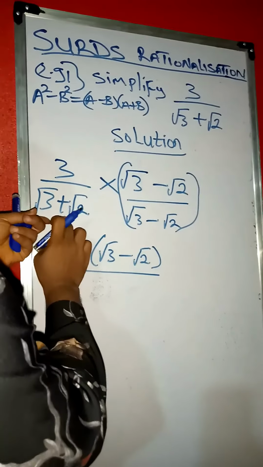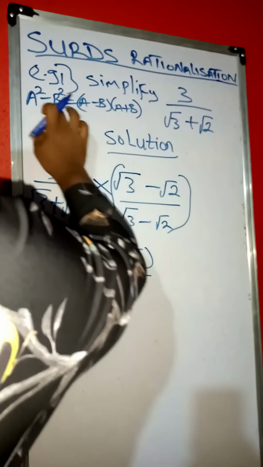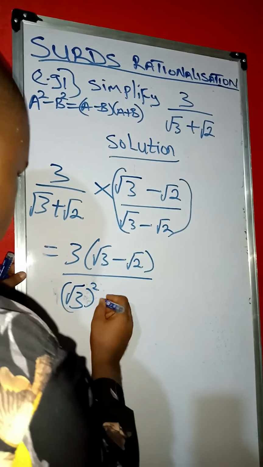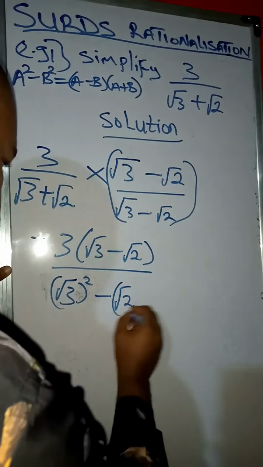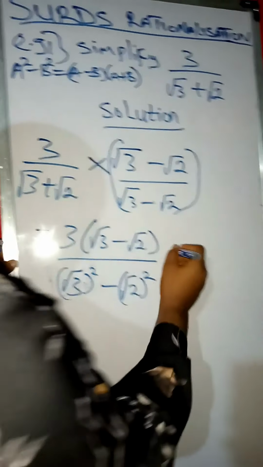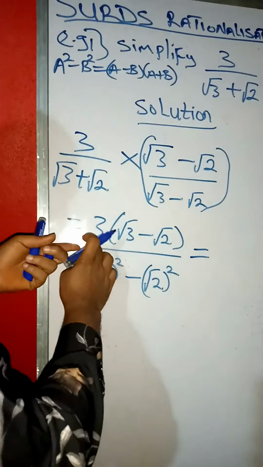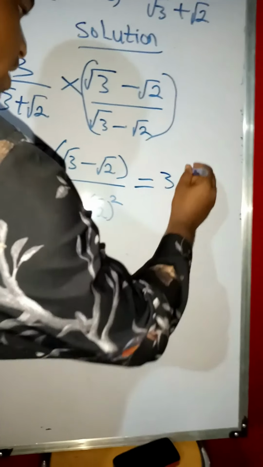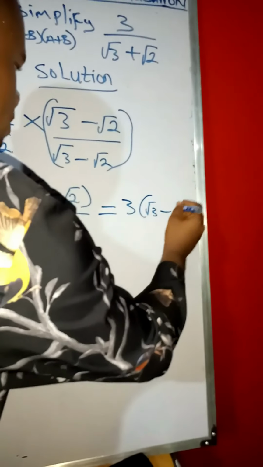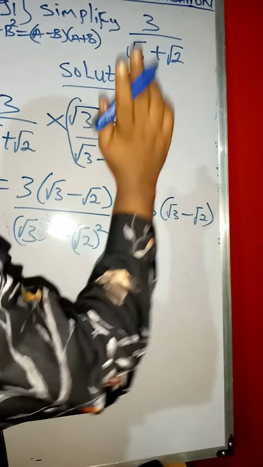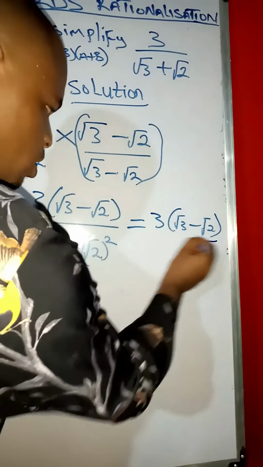So this multiplied by this, just check it to be this. It will give me root 3 squared minus root 2 squared. You can decide not to open up this bracket because this 3 multiplies everything. So it's still 3 into bracket of root 3 minus root 2. You cannot subtract this because they are not similar. Remember when we did similar surds? All over.